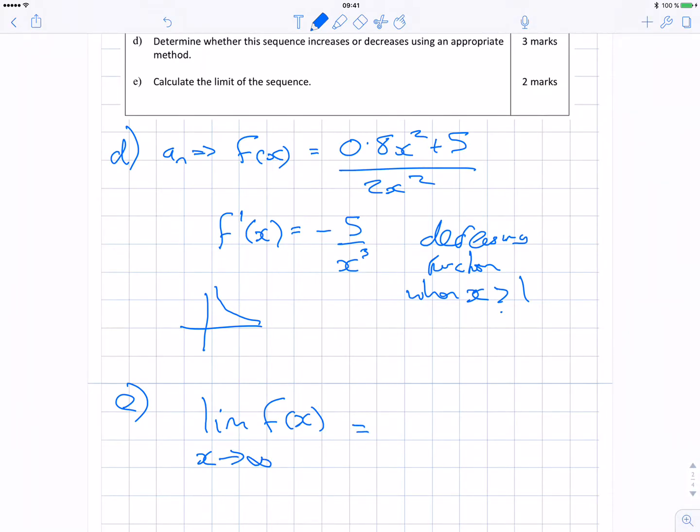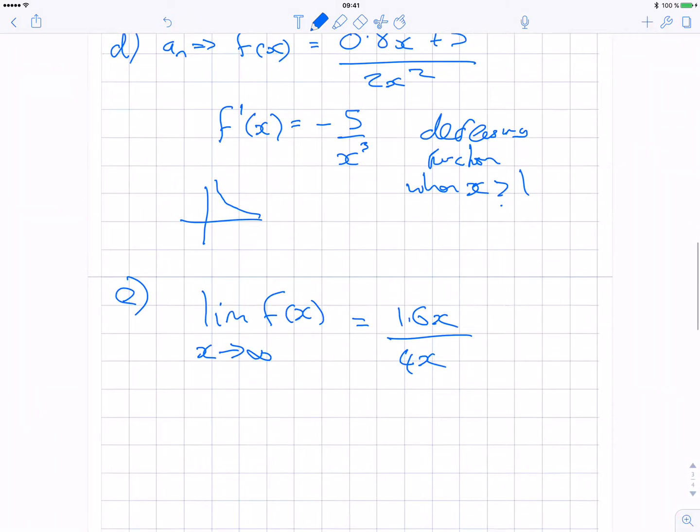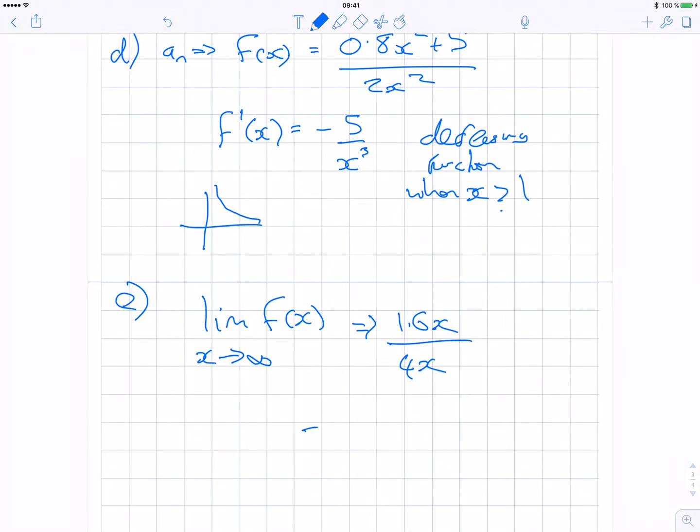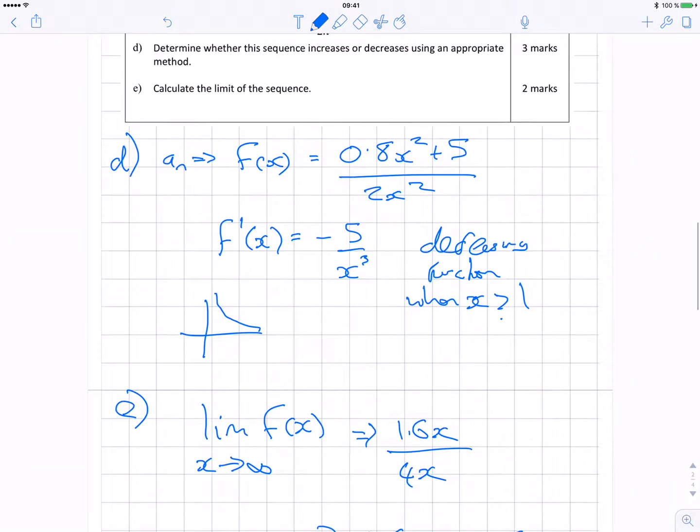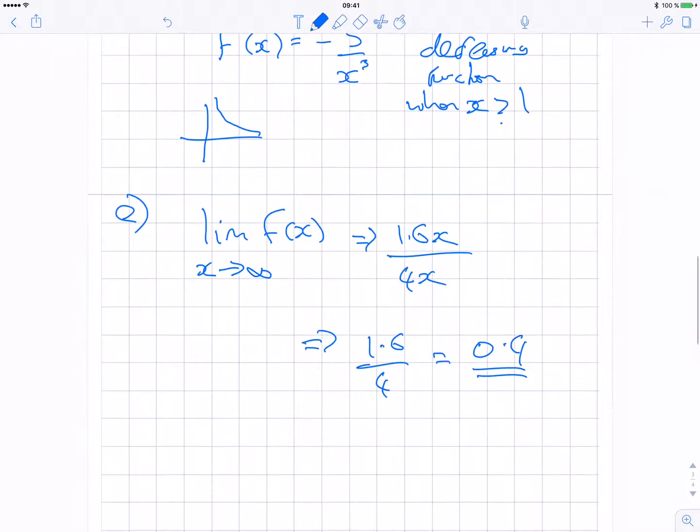The derivative of it is 1.6x over 4x. Do the derivative again, 1.6 over 4. So 1.6 divided by 4, nice and easy, is equal to 0.4. And that is for our 2 marks. And that's it done.